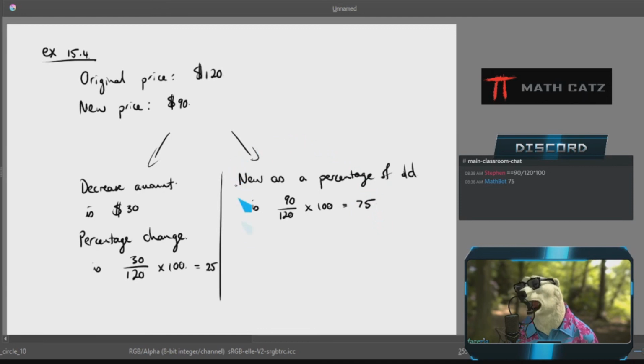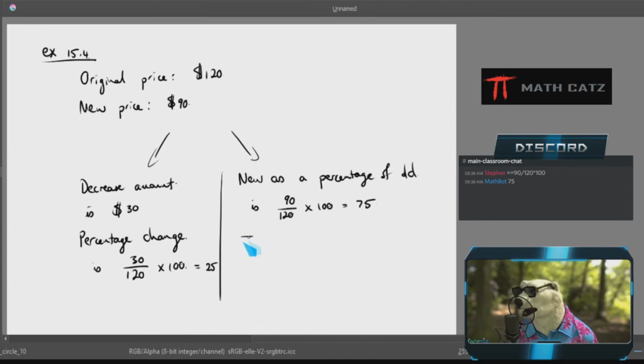It's one option I can take to get towards the answer, but it's not the answer they're looking for. They want to know what is the percentage change, what is the discount percentage, how many percent off the original price. So I just have that the new price is 75% of the original.